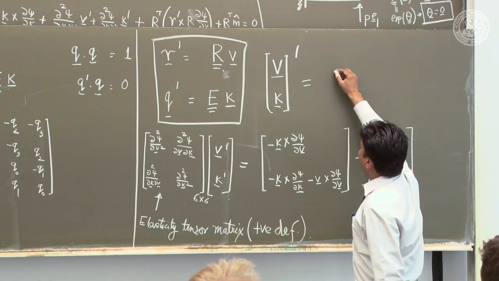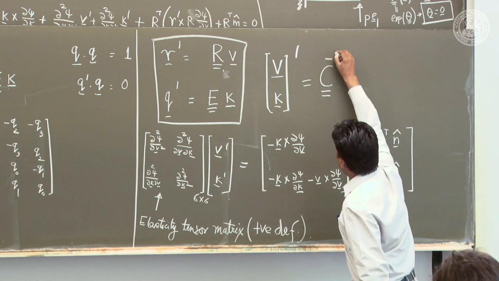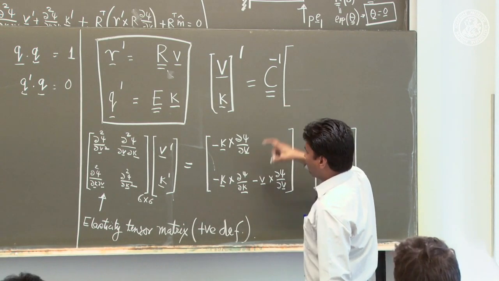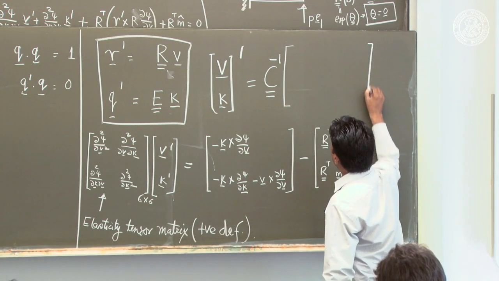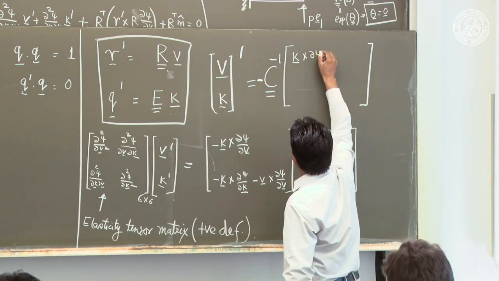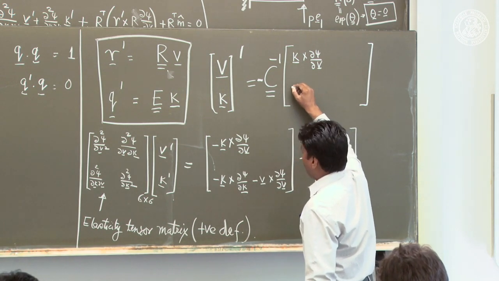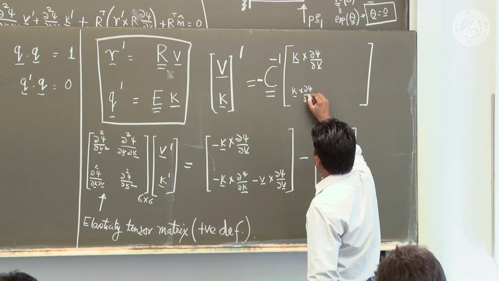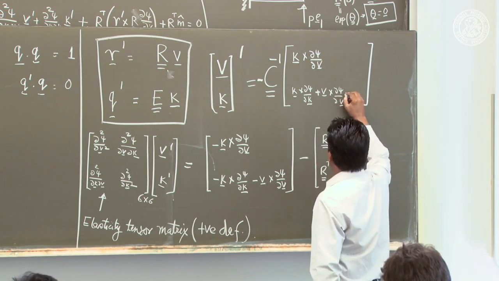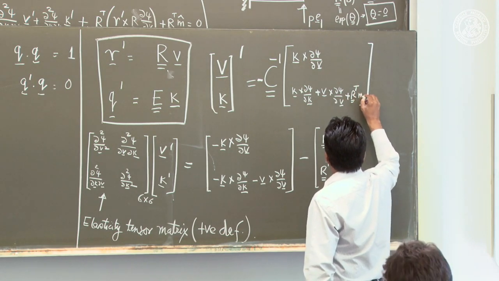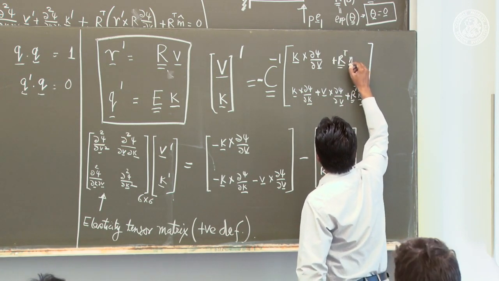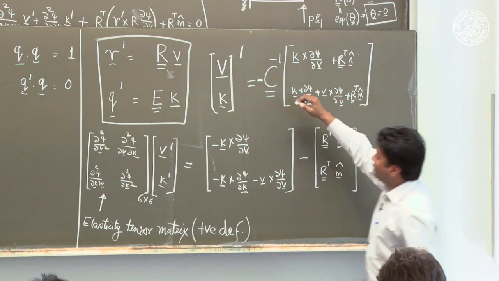If you allow me to use big C for that, big C inverse, because it comes on the right hand side, times this whole thing, with a minus sign of course: k cross del psi over del v, and then k cross del psi over del k plus v cross del psi over del v plus big R transpose m tilde, m hat, and here you have big R transpose n hat. So this comes with a minus sign here.